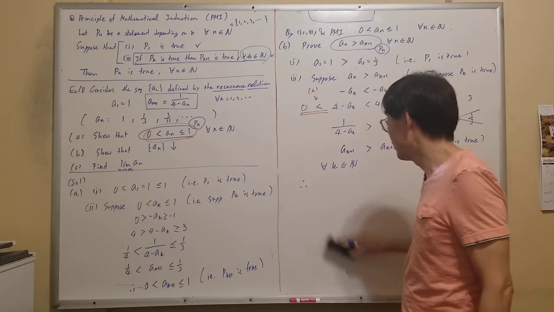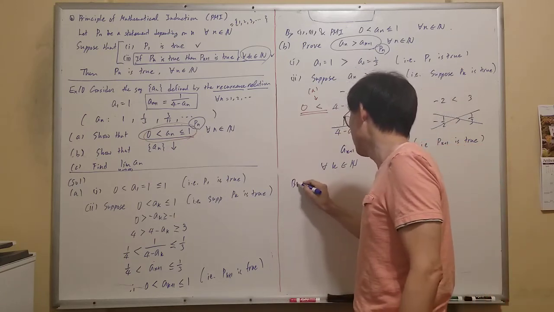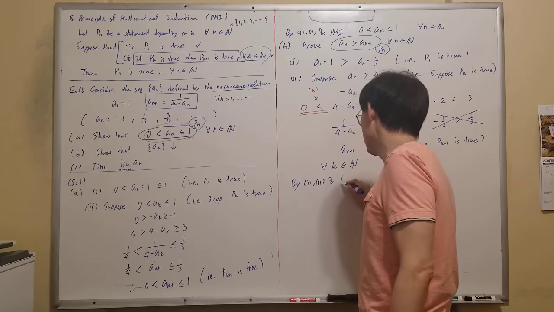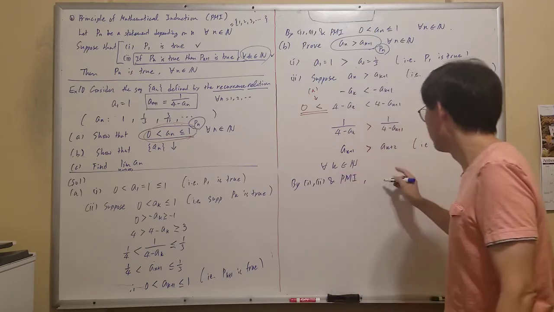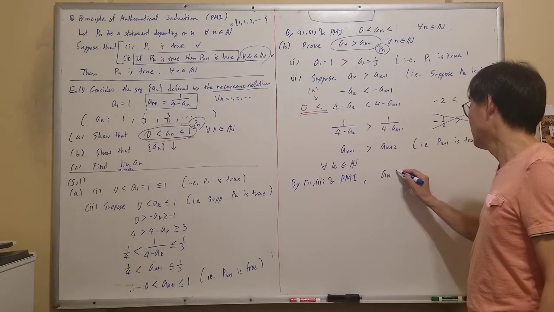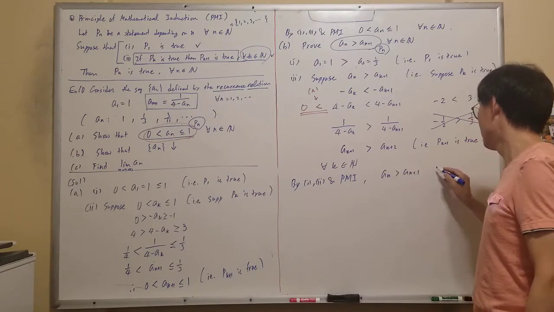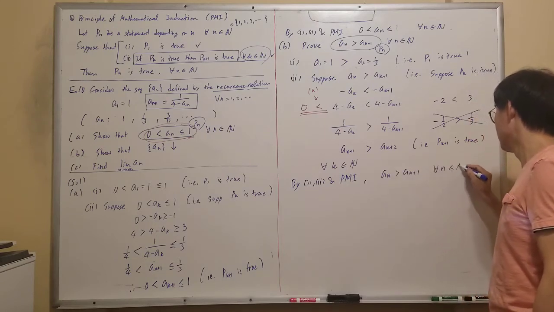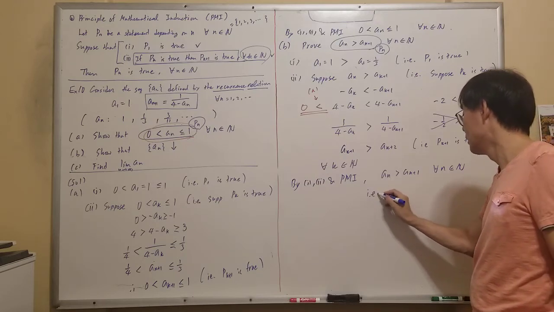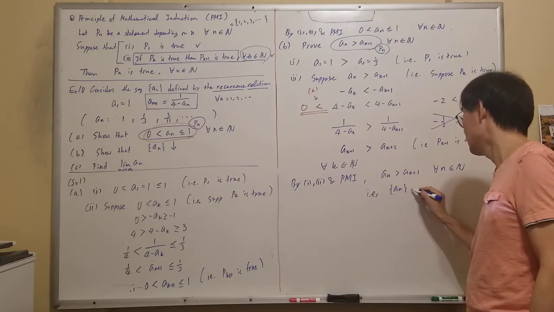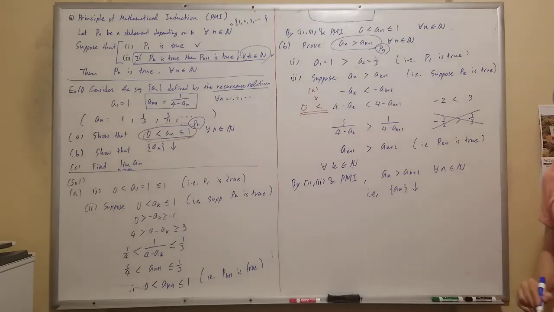Therefore, by 1, 2, and PMI, A_n is indeed greater than A_{n+1} for all n, which means A_n is a decreasing sequence.